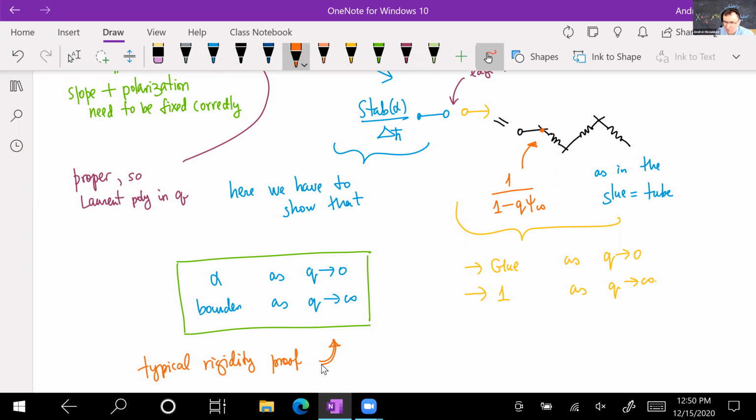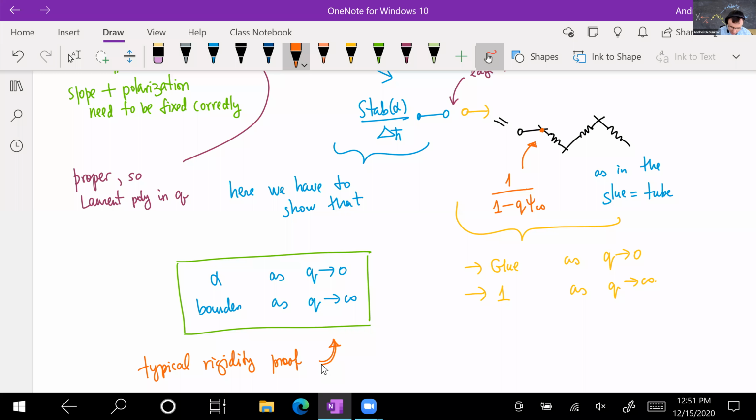So, as I say almost in every single lecture here, in a rigidity argument, the way it works is that you prove something is a Laurent polynomial. That is usually not so hard. And then you have to actually sit down and estimate the weight. This is not an exception. From the definition of stable envelopes, we know that the weight satisfies some bounds, and then we have to use these bounds to conclude this, because these are the things we need to compute.